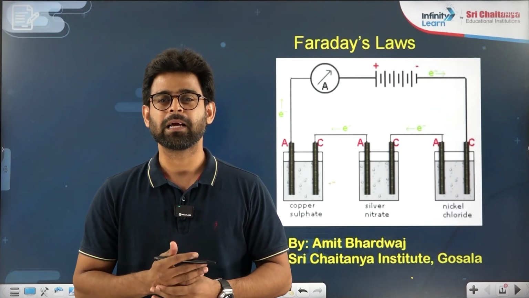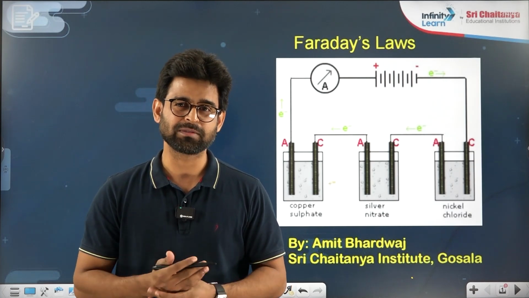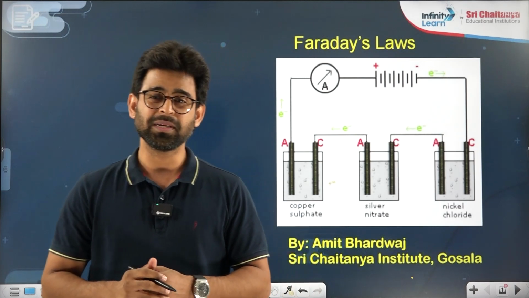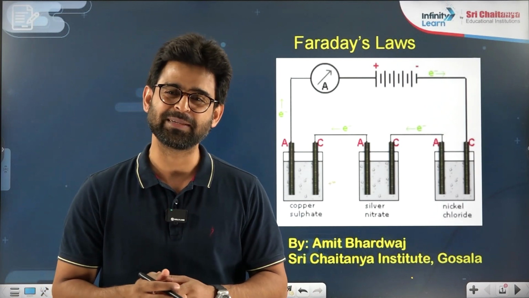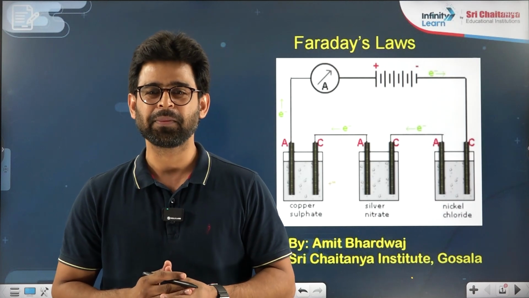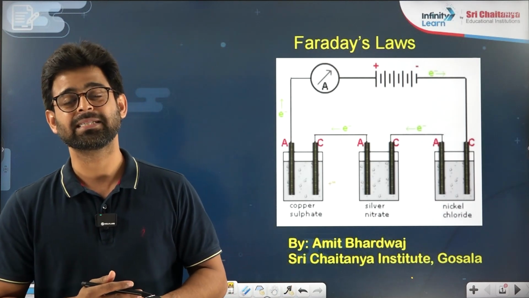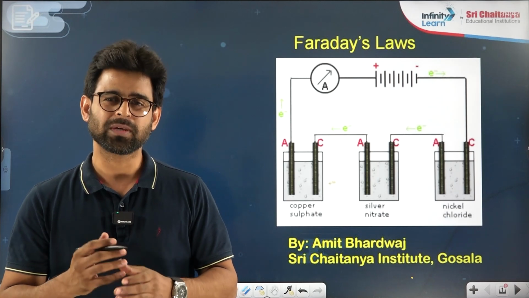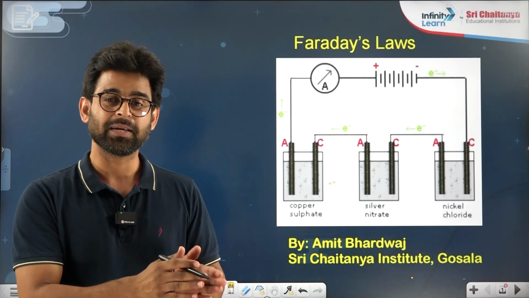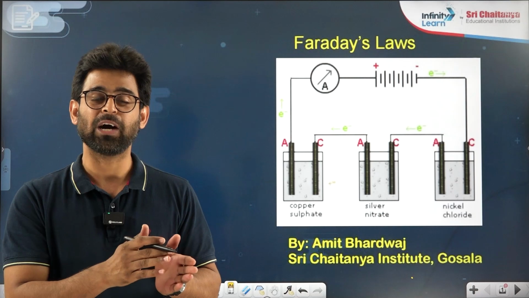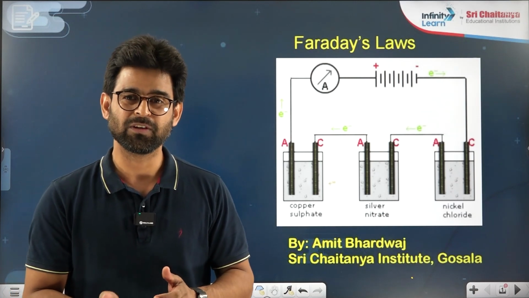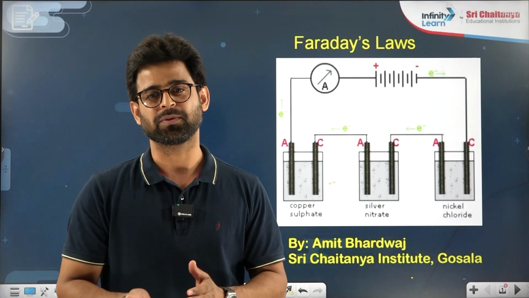It means if we do electrolysis of something, which substance will get deposited at cathode and which substance will get deposited at anode. The other is a quantitative aspect that will tell you this substance will deposit, but how much weight or how many moles, or how much volume will be produced at anode or cathode.